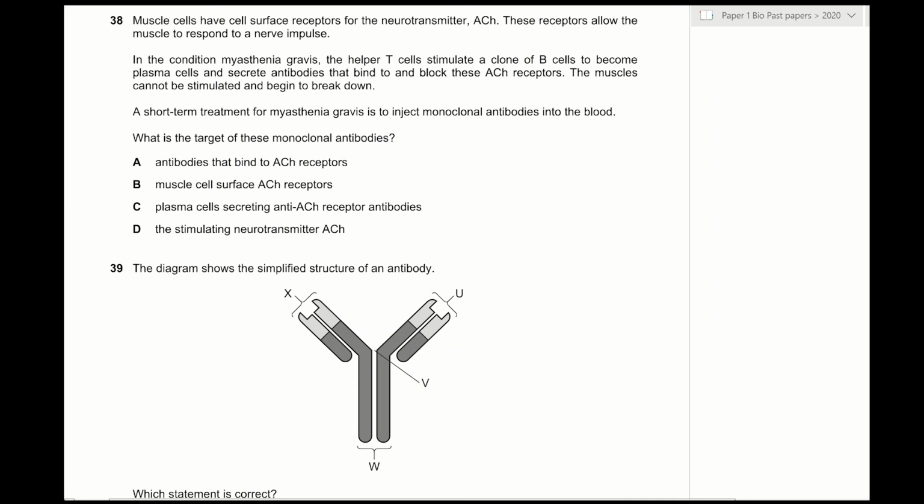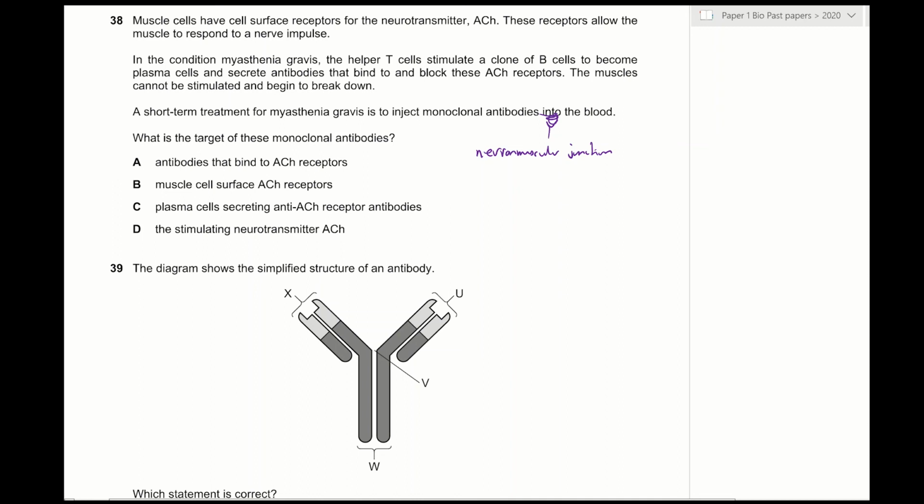So, in basic words, there are antibodies produced against self-antigens directed at the neuromuscular junction. In order to stop these self-antibodies binding to the neuromuscular junction, we have to actually stop them. How? By using monoclonal antibodies. Let's see the suggestion that we have here.